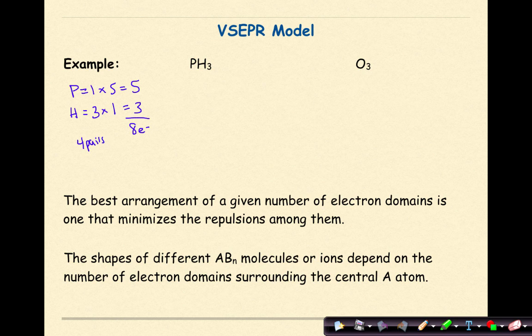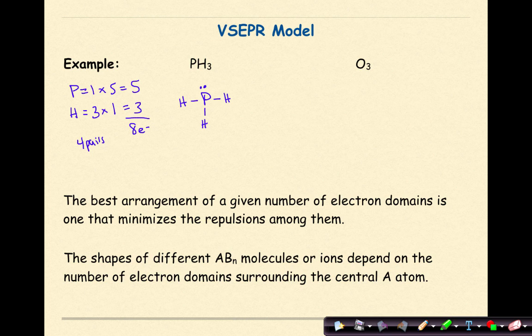So if I was to draw this out, I would put my central atom first, which is phosphorus, hydrogen coming off of each one, and I look at this and I say, okay, 1, 2, 3 bonding pairs, so I'm going to have 1 lone pair up at the top. And that basically represents 4 electron domains.